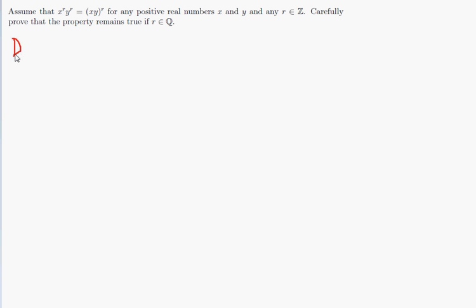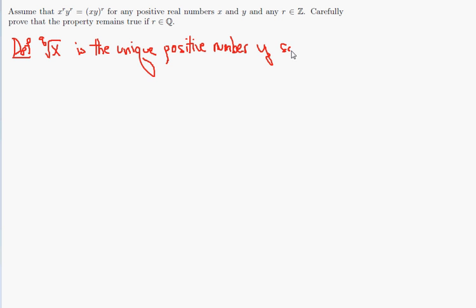And to do this, let's remember a couple of key definitions. Let's start with this. The qth root of x is the unique positive number y so that y to the qth power is equal to x.